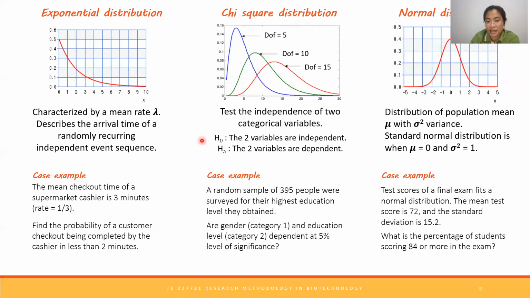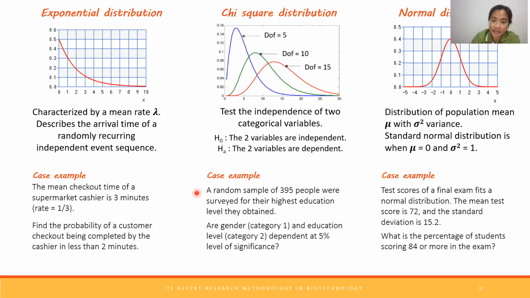In this one, it starts to have a hypothesis that we are familiar with. If the two variables are independent, that is the null hypothesis, and if they are dependent, that is the alternative hypothesis. The example is like this. A random sample of 395 people was surveyed for the highest education level they obtained.